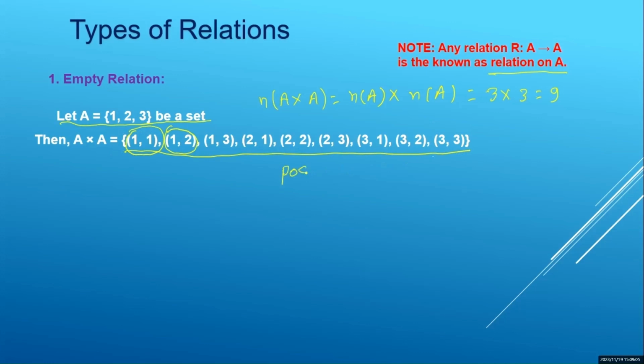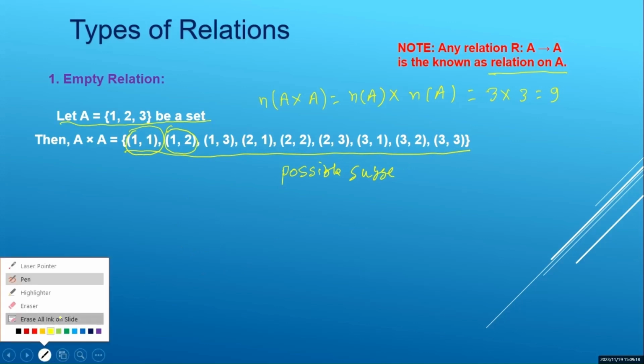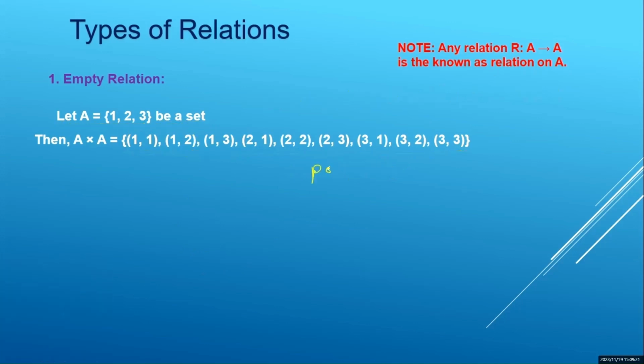You already know. The possible number of subsets is equal to 2 to the power n, where n is the number of elements.